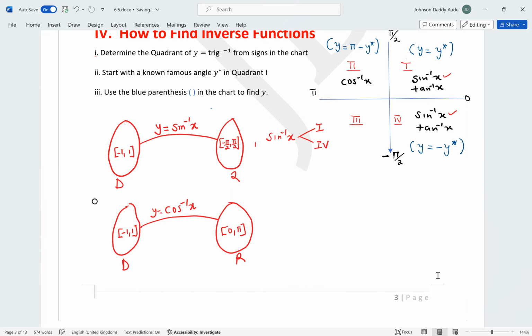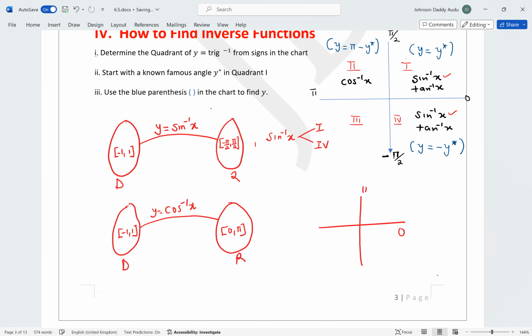But what is 0 to pi? If you look at this, this is 0, this is π/2, and this is pi. 0 to pi means this way. So it's either in the first or in the second quadrant.